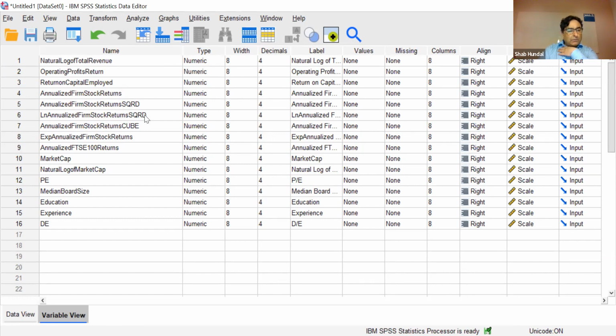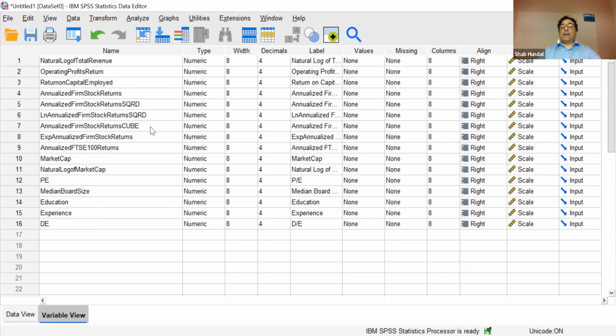I even found the logarithmic, the natural log of the squared value. And at some stage, I also took the cube values, to make it even more nonlinear. And at some stage, I took the exponential of annualized stock returns.